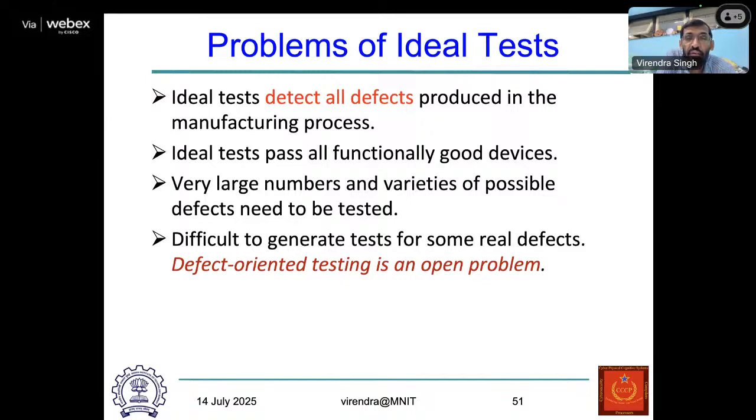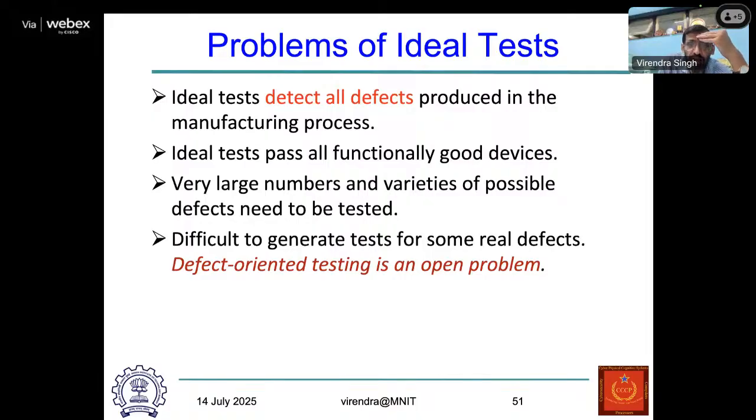Maybe there can be an open in a line, or two lines can short to each other. Maybe the gate may be shorted to the substrate, or something like that. Any such kind of defect can happen.